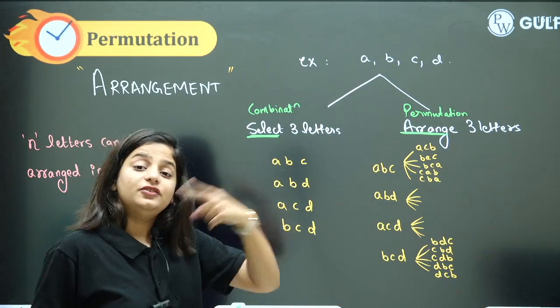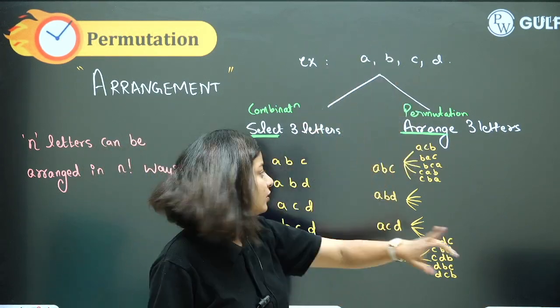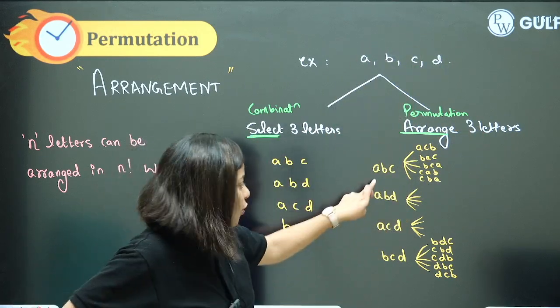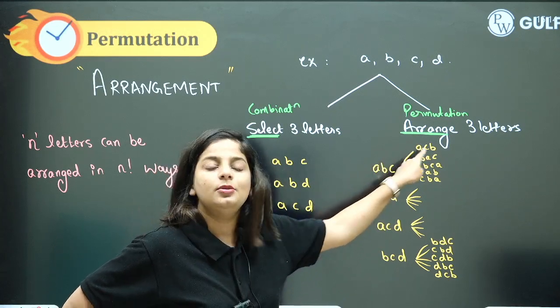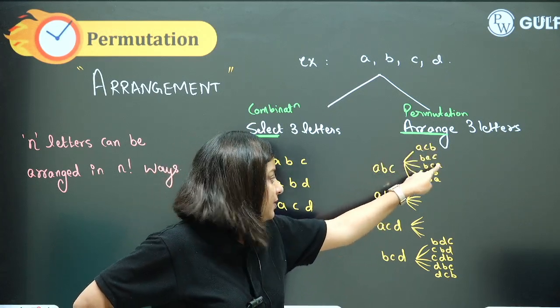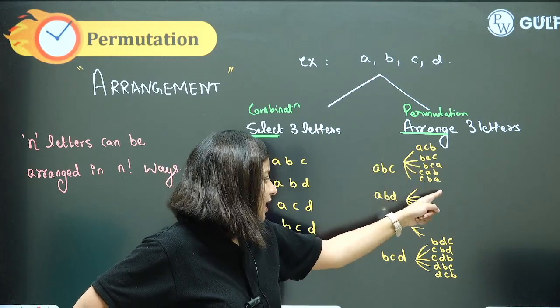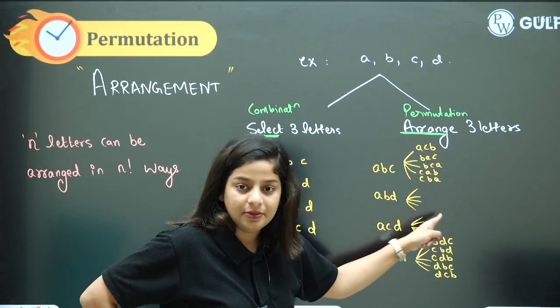But if the question is arrange 3 letters out of the given 4 letters, I will not just select 3 letters, but I will also arrange among themselves. ABC will become ACB, BAC, BCA, CAB, CBA. Similarly, ABD will become ADB, BDA, BAD, DBA, DAB.